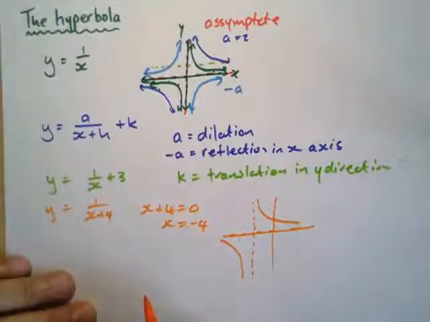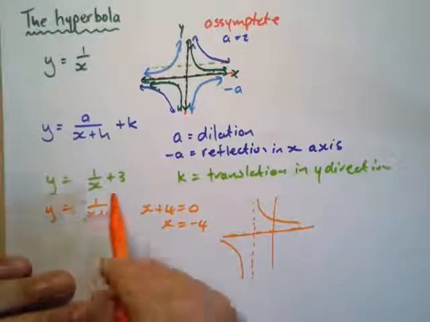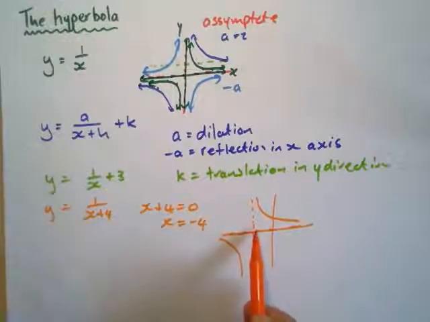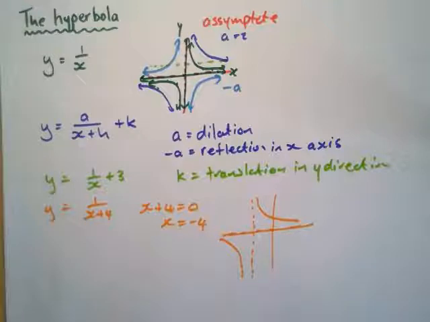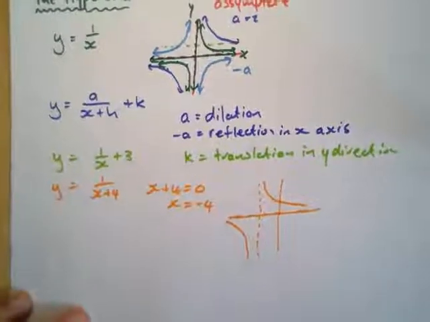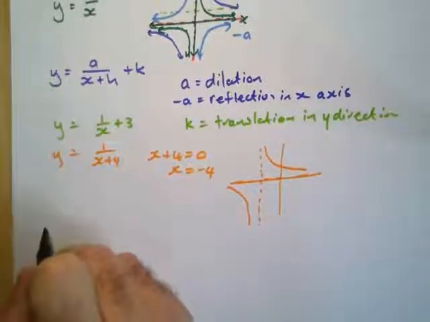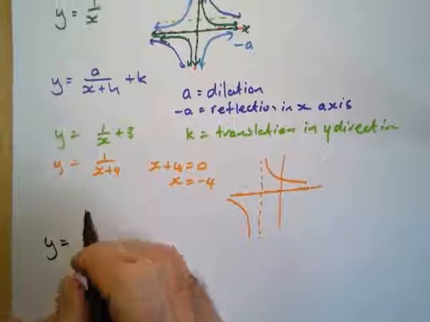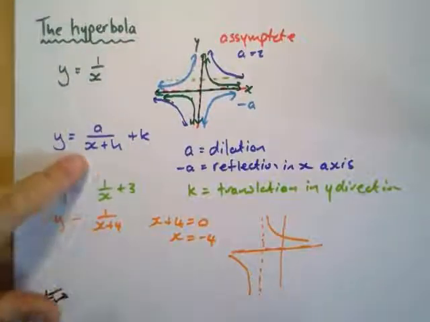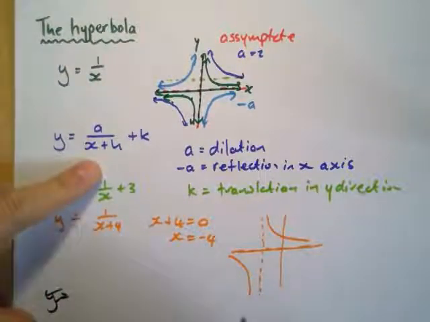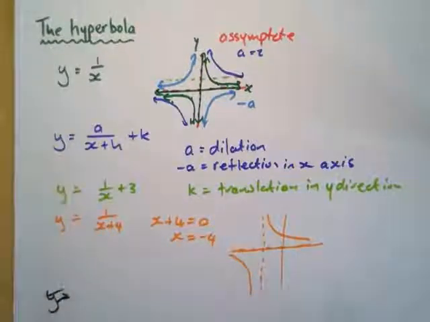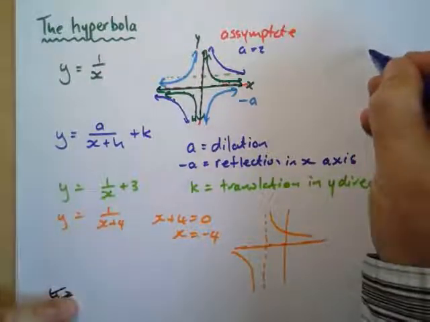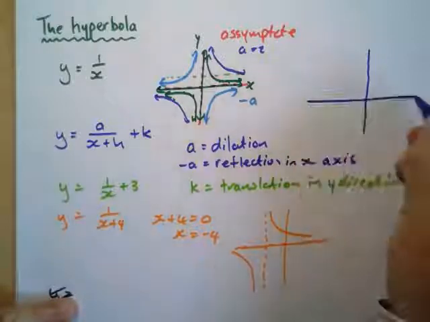If I combine all of this, you can see that h and k will tell me where my asymptotes lie. So the general rule is y equals a over x plus h, plus k, which means my graph will sit there.